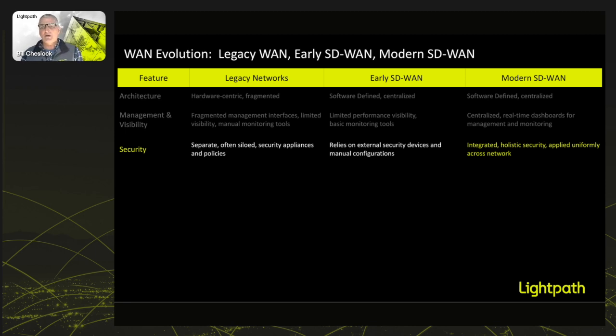So as we now have the modern SD-WAN technologies, we're integrating more of those security components into the network. And you hear terms like SASE and zero trust network architectures. These are the components being built into modern SD-WAN technologies to allow our companies to maintain compliance as well as performance through everyday operations.